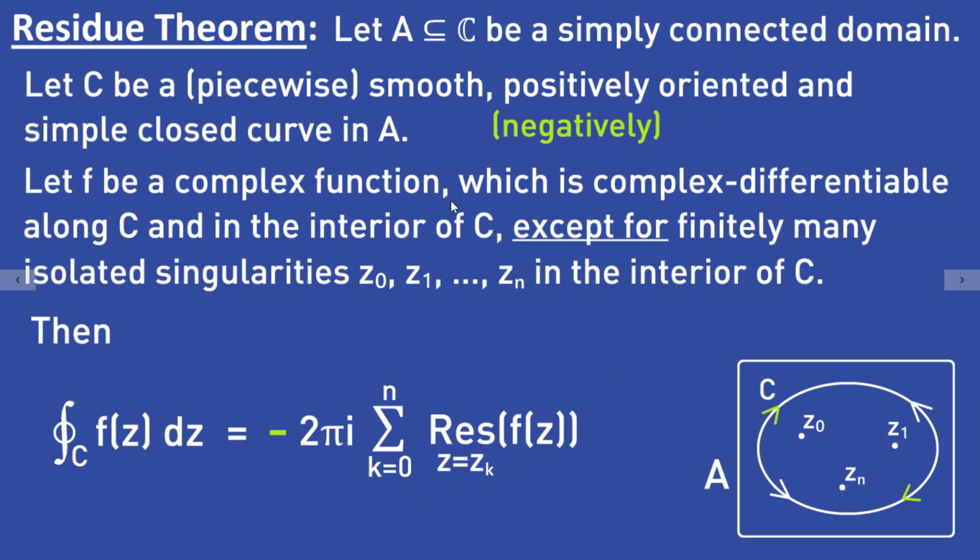Okay, now that we know how to compute the residue of a function at an isolated singularity, we can finally use the residue theorem to solve some examples. Let's take a look at the first example.